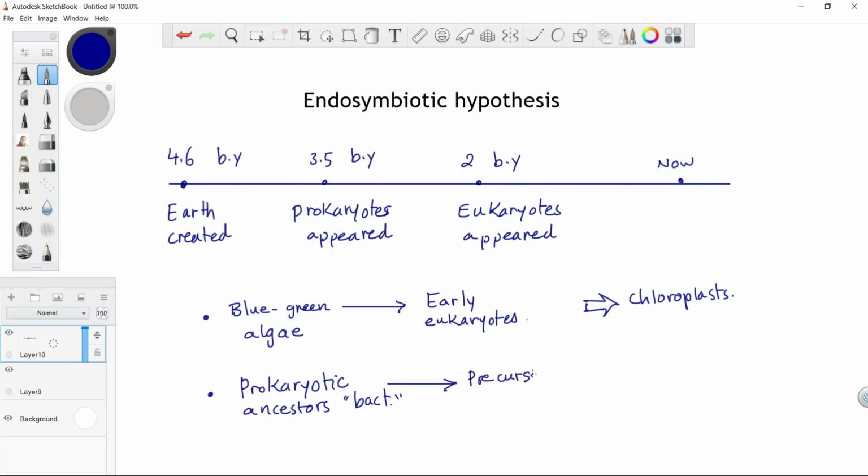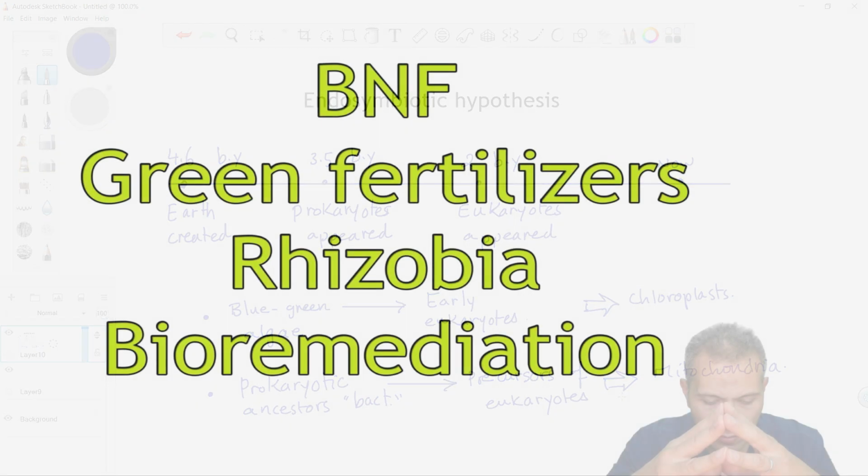One piece of evidence that supports this is that both chloroplasts and mitochondria have their own circular DNA and genome, like modern prokaryotes, and they also have their own translation system and their own lipid bilayer membrane.